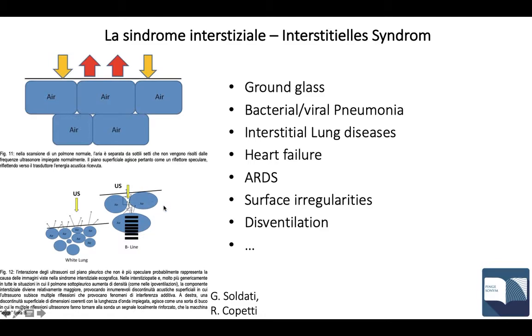So as the peripheral air spaces lose air, ultrasound can pass the mirror of the peripheral air spaces, goes into multiple refraction that give multiple signals to the ultrasound that reads these signals as a B-line, a vertical line.